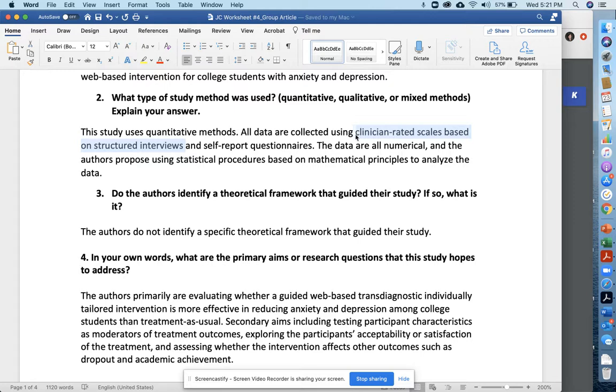Whenever it's a clinician-rated structured interview, that means that the ratings that the clinicians give are usually a code, which is a number. And so, numerical data is generally quantitative. And we use statistical procedures that are based on mathematical principles to analyze the data. So that's how we know that this is quantitative.